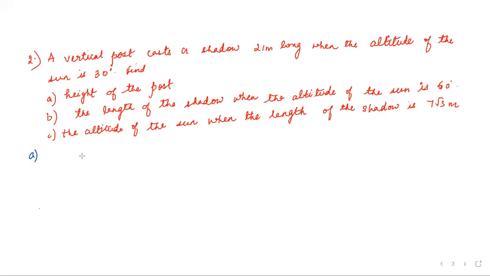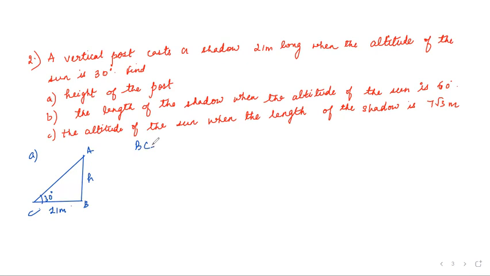So you have a vertical post casting a shadow. Shadow is always at the bottom. This is 21 meter long and the altitude of the sun is 30 degree. Find the height of the post. So you need to find this height. This is a very easy question.